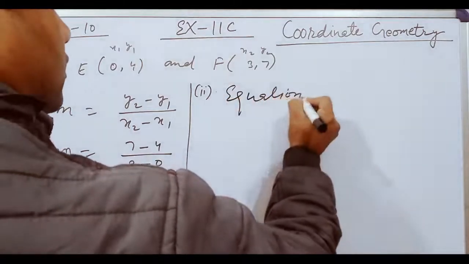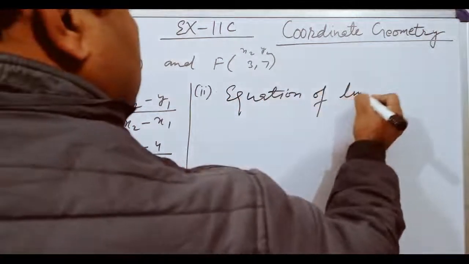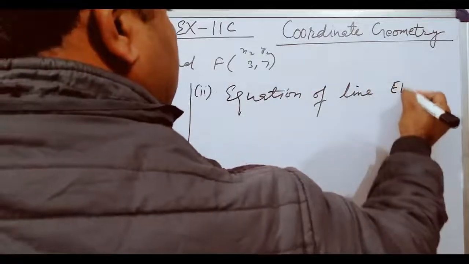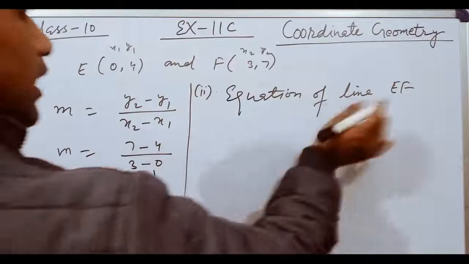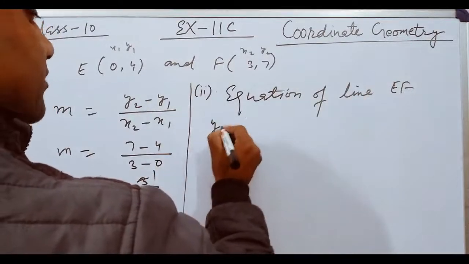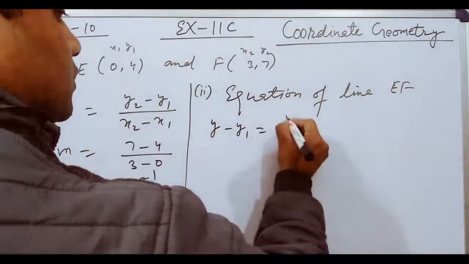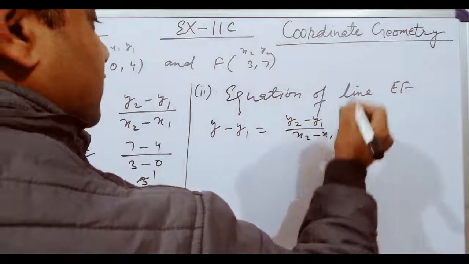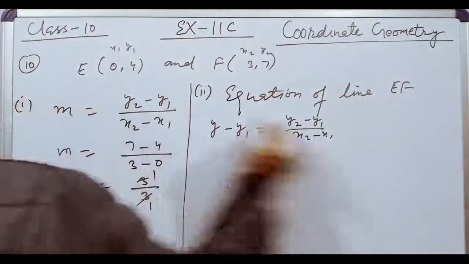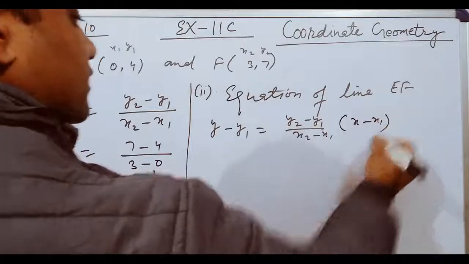The equation of line EF: y minus y1 equals (y2 minus y1) upon (x2 minus x1) times (x minus x1).